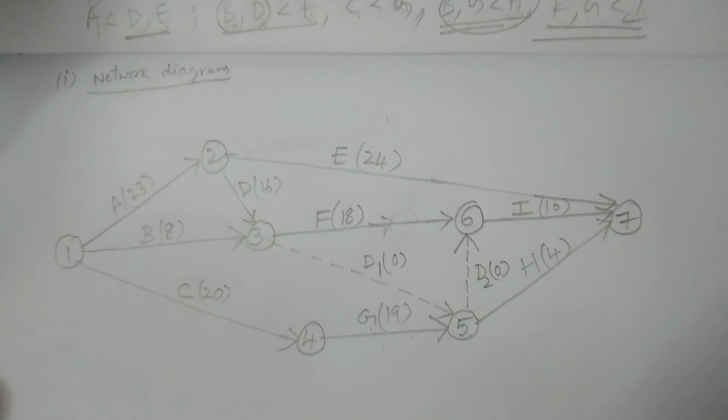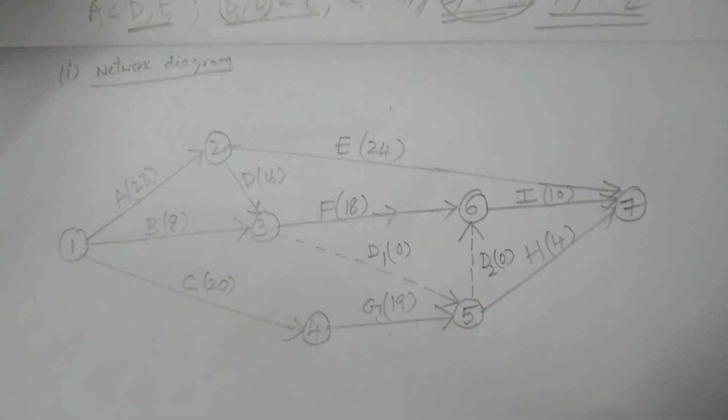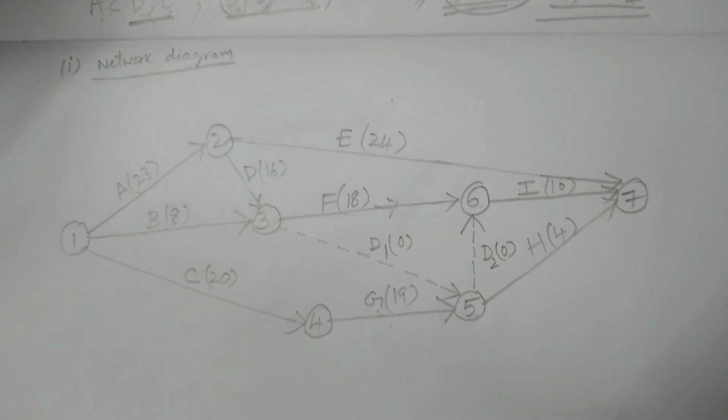Hope you understand well. Now I calculate forward pass calculations and backward pass calculations directly in the network diagram, right?